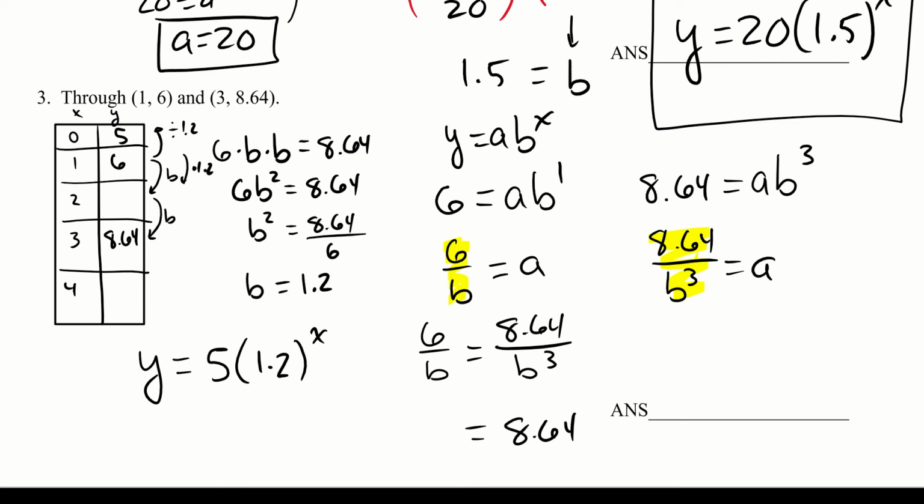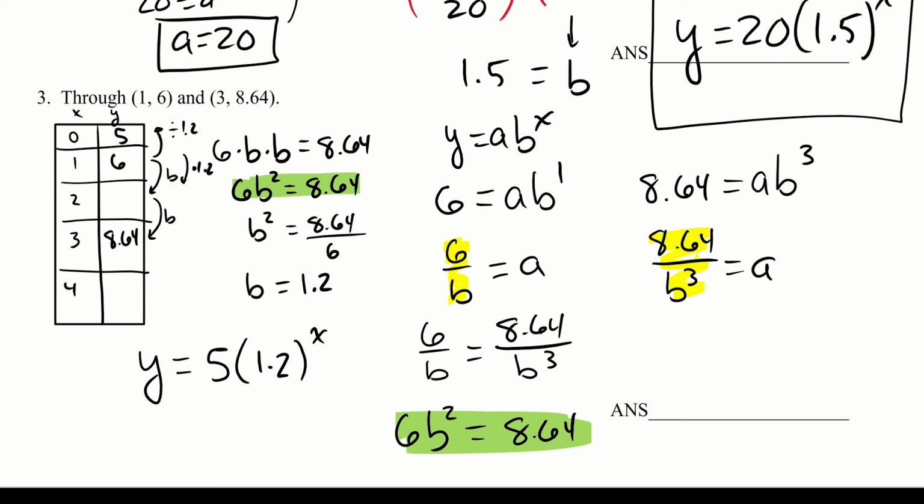On the other side, I get b cubed over b, which just gives me 6b to the second power. And if you take a close look, here's the magic. That's precisely what we had right here, right? These equations are exactly the same.